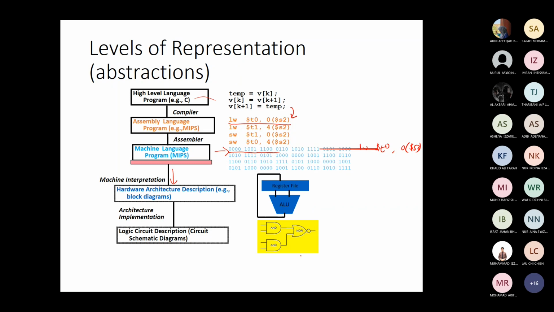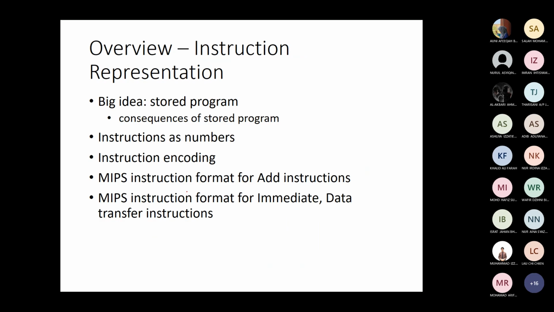This is the lowest level of the machine, and we are not going to deal with it because we have covered this part. But from chapter 7 until chapter 9, you will learn about assembly language, machine language, and the hardware architecture.